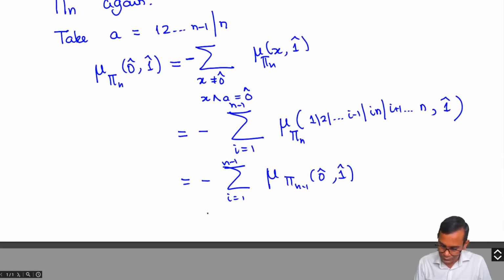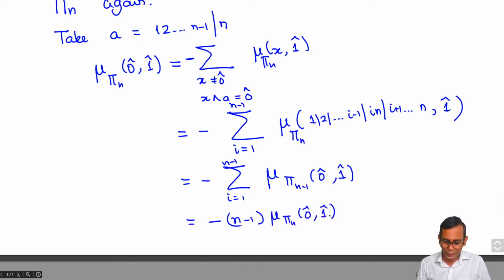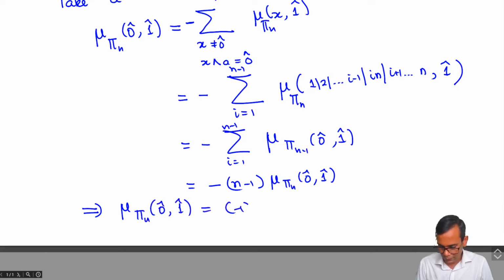So this turns out to be just minus n minus 1 times mu pi n minus 1, 0 hat, 1 hat, and using induction you can easily show that mu pi n of 0 hat, 1 hat is equal to minus 1 raised to the power n minus 1, times n minus 1 factorial, starting with the base case where n is equal to 1.